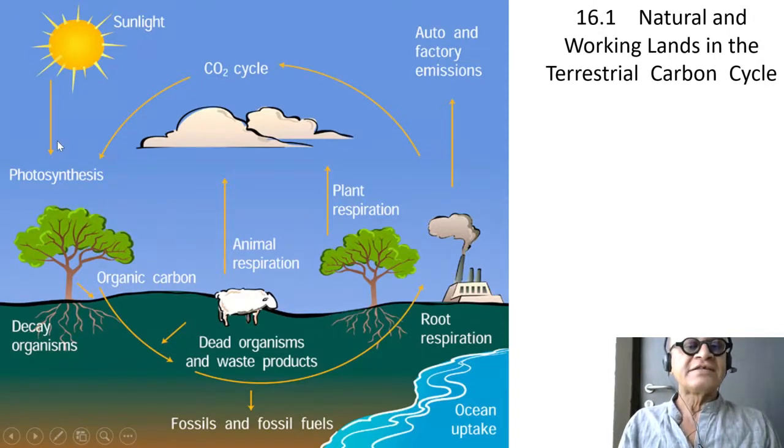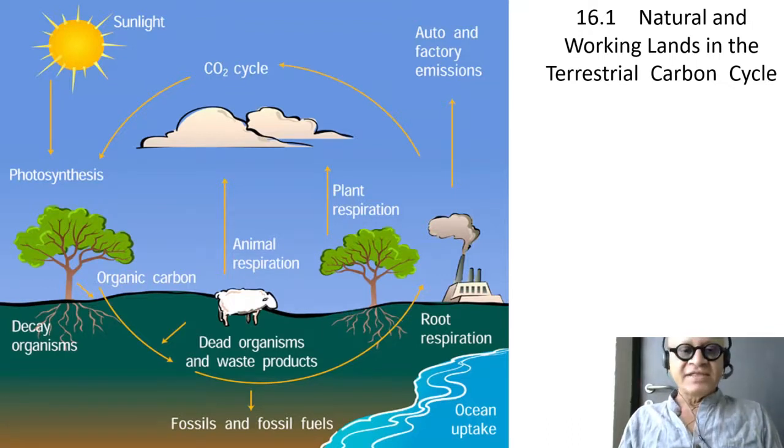Obviously, sunlight is needed, and carbon dioxide is needed to drive photosynthesis when there are photosynthesizers with the required chlorophyll pigments.